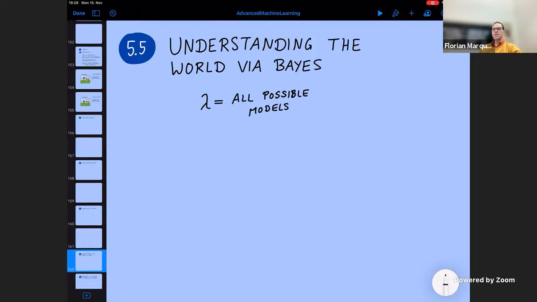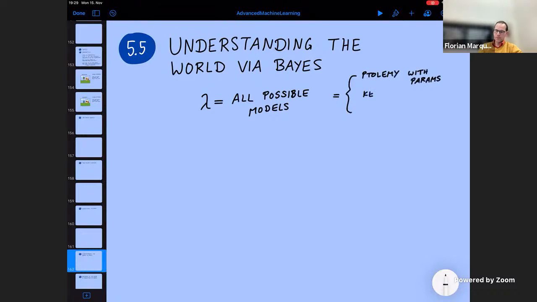And so lambda may enumerate a discrete number of models, but it could also contain continuous parameters that are part of these models. So I could say there is Ptolemy, if I go back to our planetary orbits, with some parameters, the parameters you need to define your circles and epicycles.